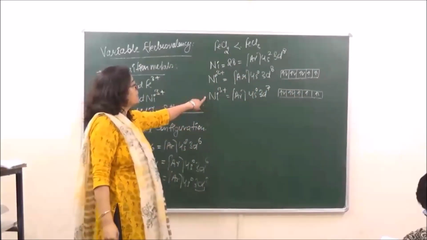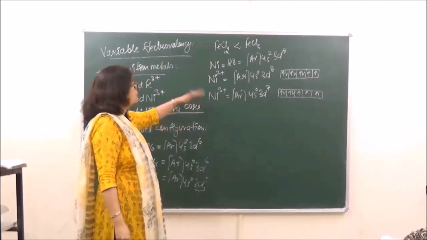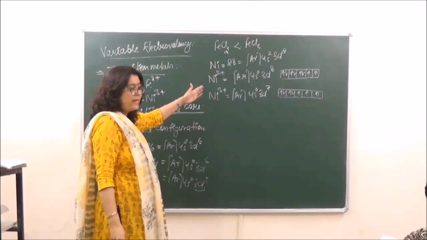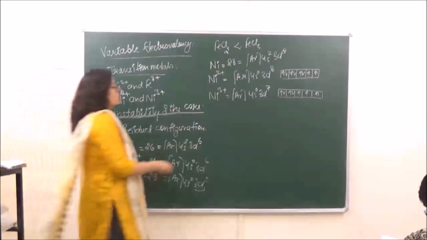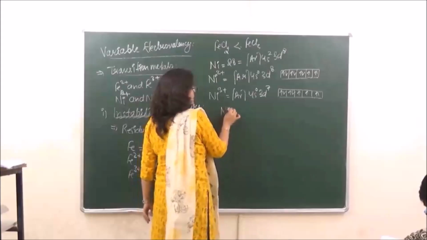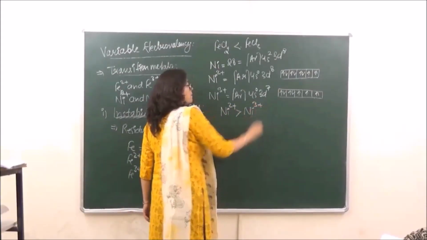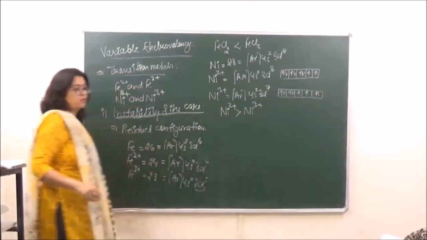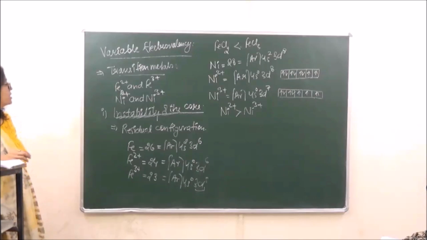Therefore, in this case, Ni3+ is more reactive with respect to Ni2+. So the compounds of Ni2+ are more stable as compared to compounds of Ni3+. This is the reason we give for variable oxidation states.